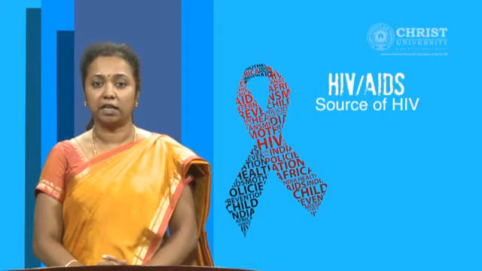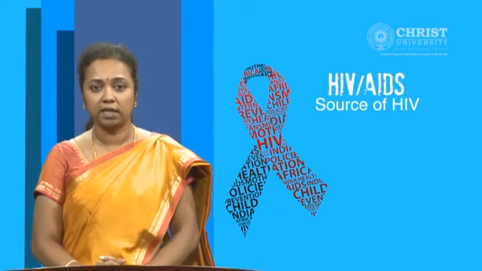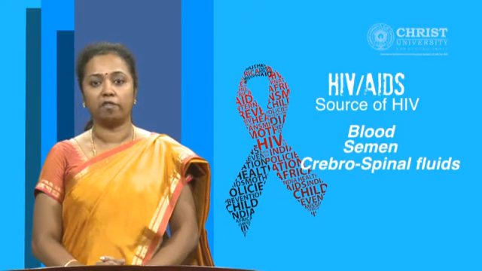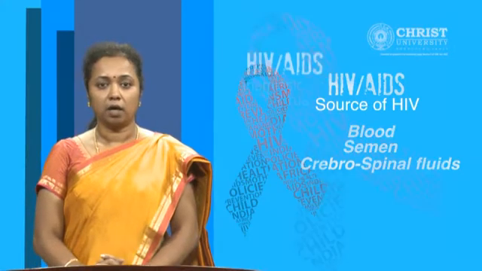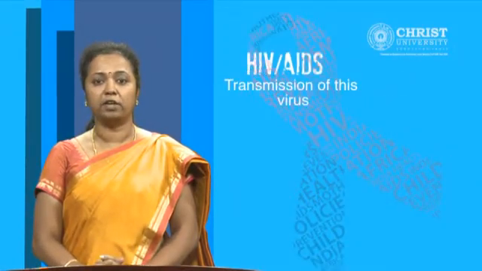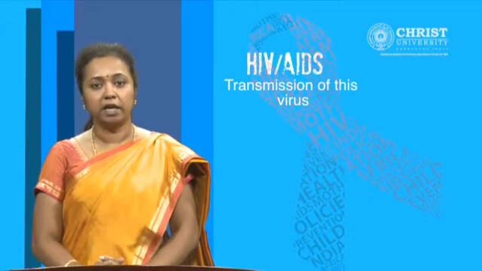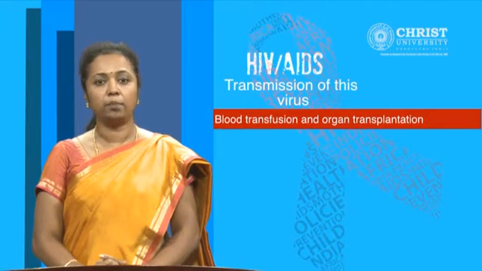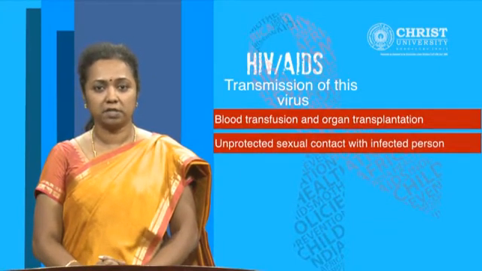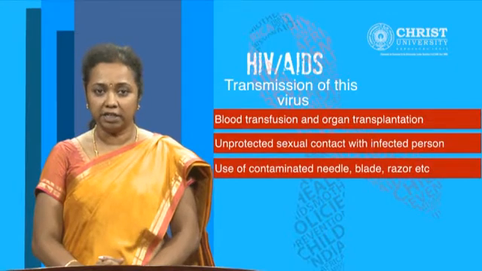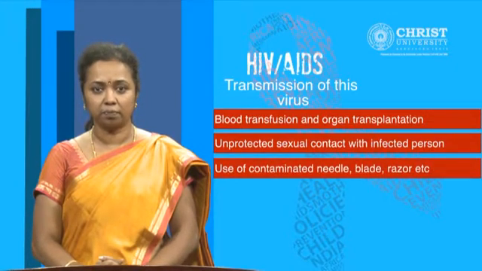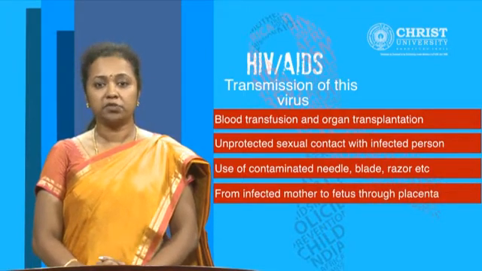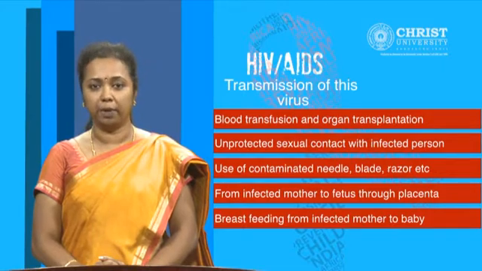HIV is present in high load in biological fluids like blood, semen, and cerebrospinal fluid of an HIV positive patient. Transmission of the virus from an infected person to a healthy person is through blood transfusion and organ transplantation, unprotected sexual contact with an infected person, use of contaminated needles, blades, razors, etc., from an infected mother to the fetus through the placenta, and breastfeeding from an infected mother to the baby.